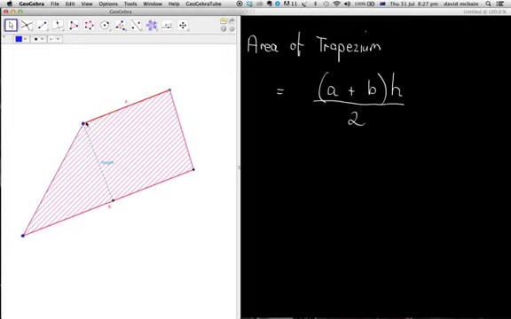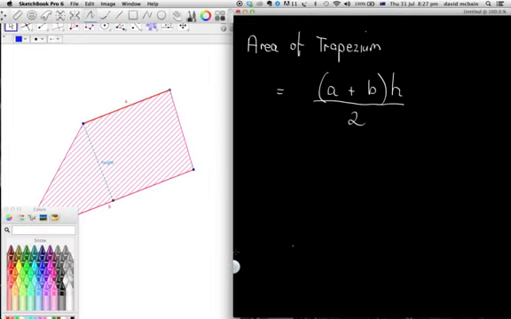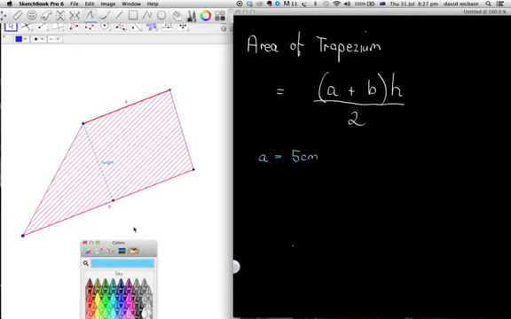And let's say that this length here, length A, is 5 centimeters. So A is 5 centimeters. Let's make length B 12 centimeters.